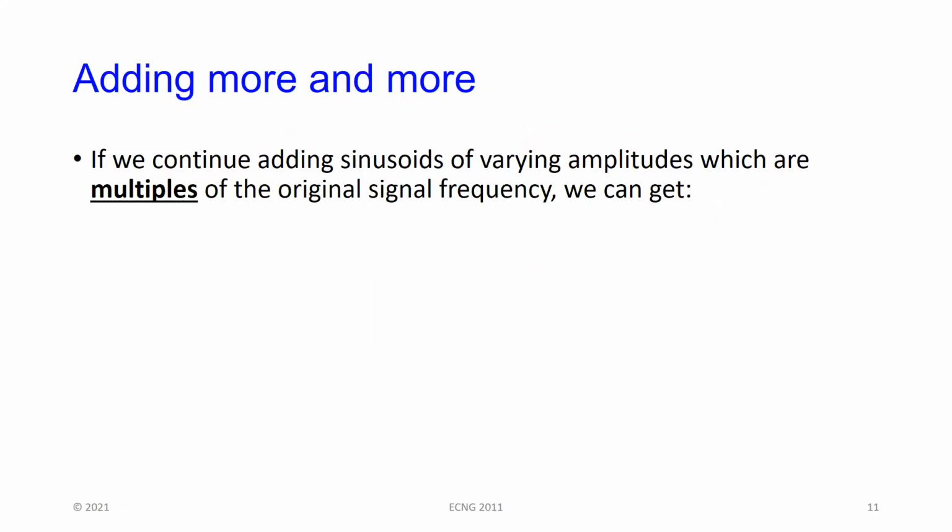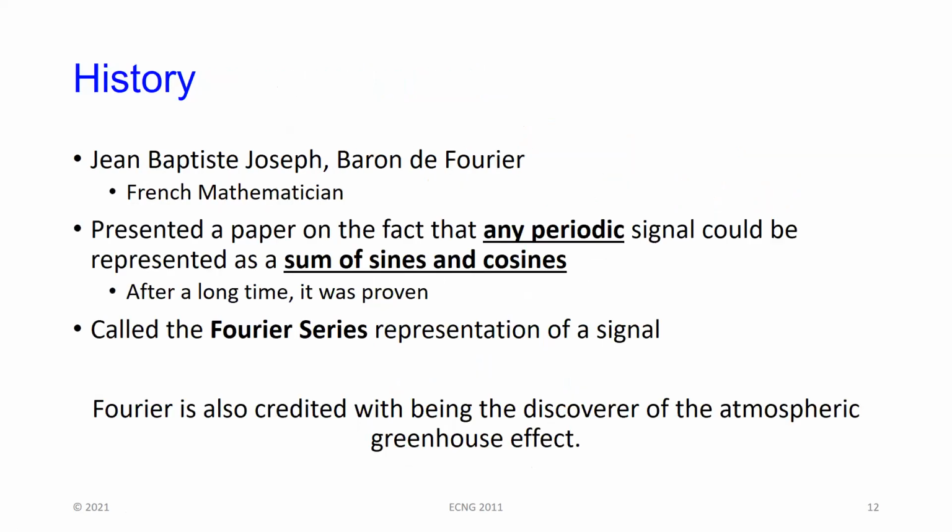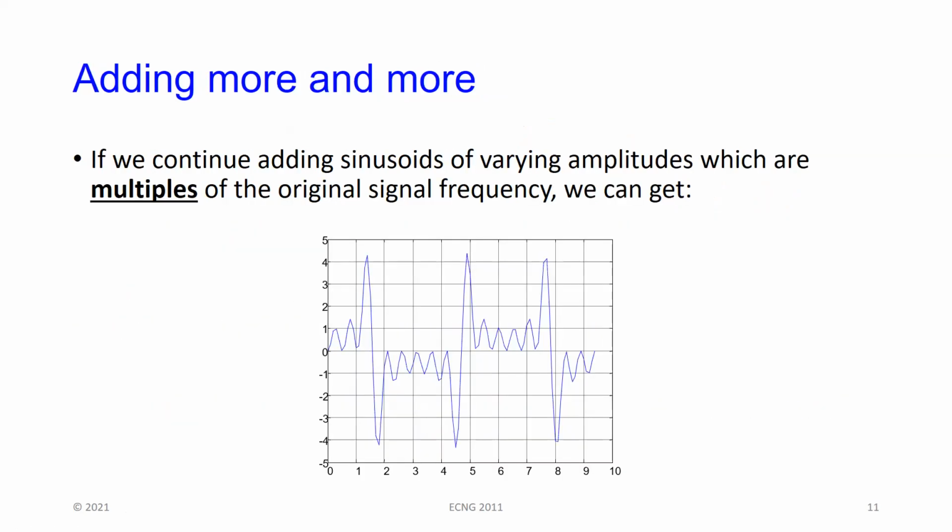Yes, sir. And if we keep adding sinusoids of varying amplitude, which are multiples of the original signal frequency, in other words, like I add 1 plus 3 times plus 5 times and so on, it starts to add up and you get something looking like this. And in fact, if you keep adding up enough, then this slowly evolves into something looking like a square wave.